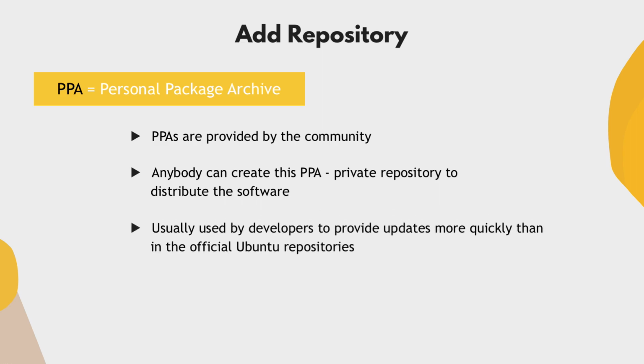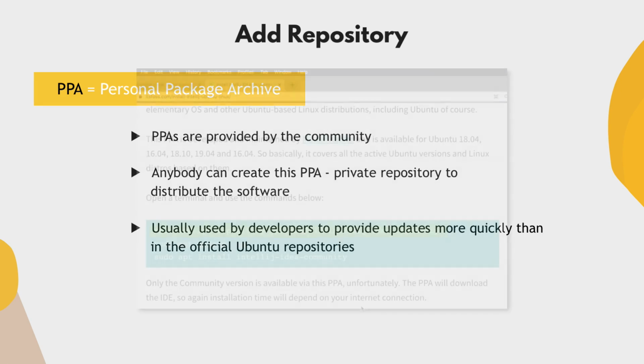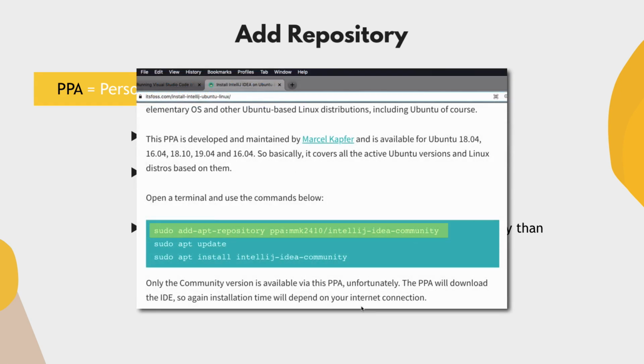Again, if there is a tool that is super cutting edge and that is not in most of the official repositories, but they of course want to make it available to the users, they may create this personal repository and host that application there so you can download it and install it from there.